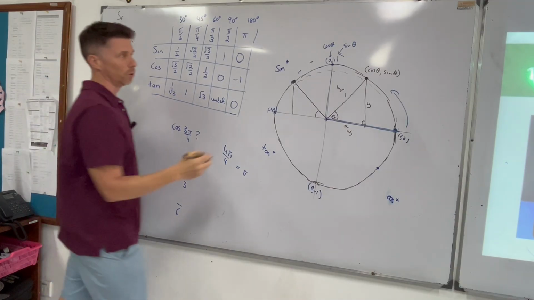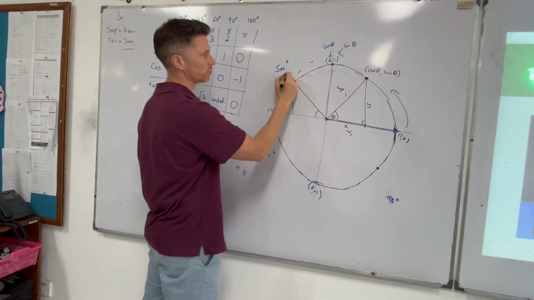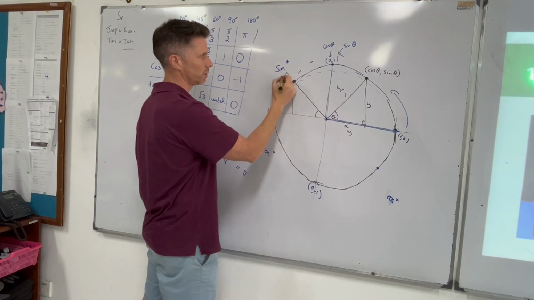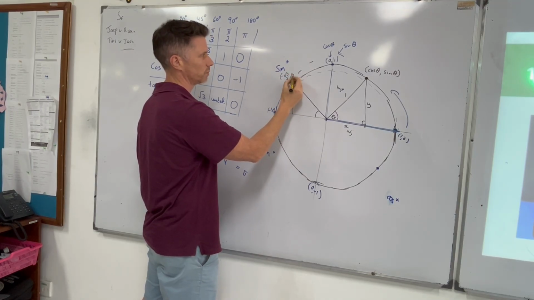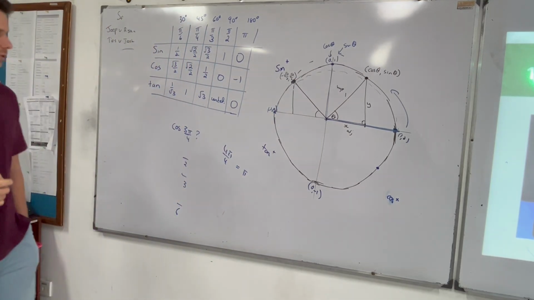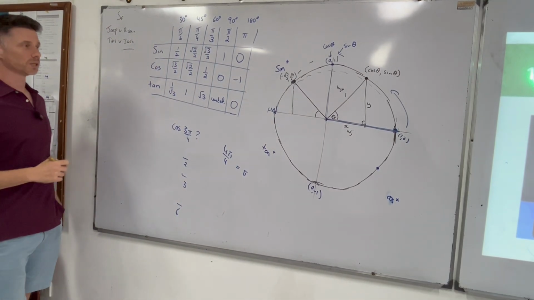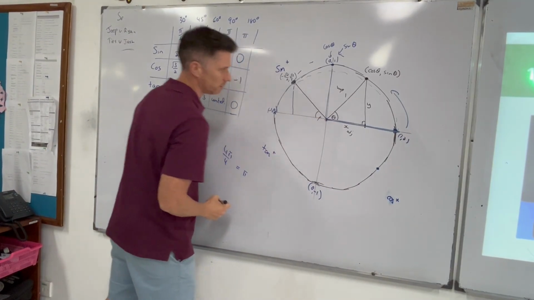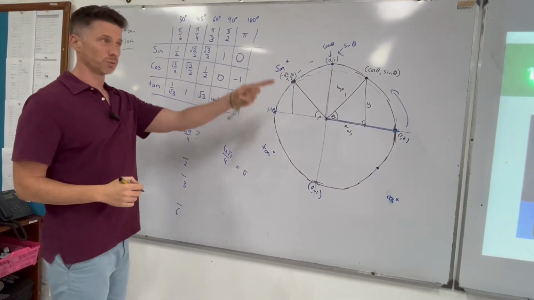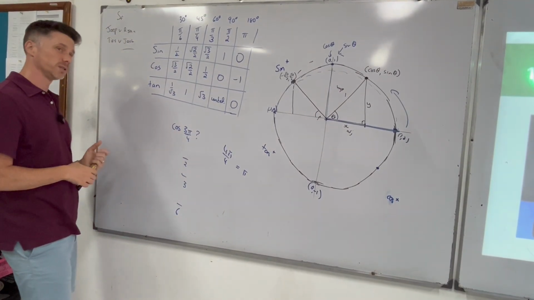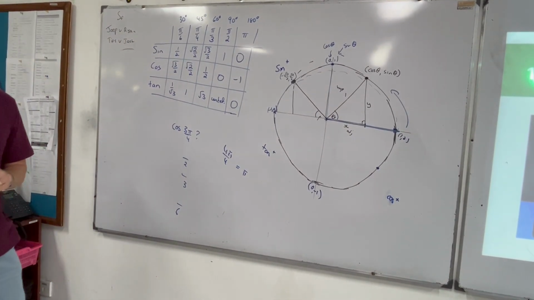But cosine can't be positive root 2 over 2 in this quadrant, so it's got to be negative root 2 over 2. That's how I would work out all of these. I get something called the reference angle, which is pi over 4. Reference to what? Reference to this table. Then I figure out afterwards whether it's the positive or negative version.